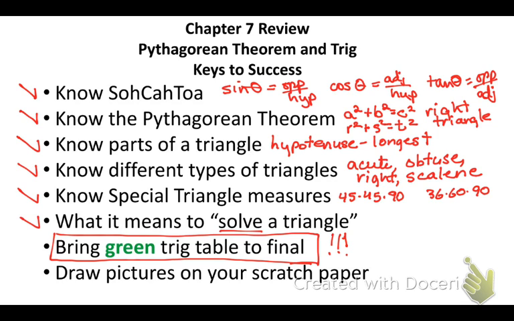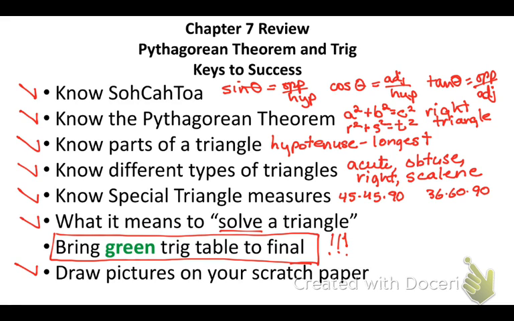Also, get used to drawing pictures on your scratch paper. That generally means the difference between partial credit and no credit for a question, because when we have a multiple choice fill in the bubble test, and you mark it wrong and put the wrong answer there and don't give me any notes or anything, I have to mark it wrong and you lose all the points on the problem.